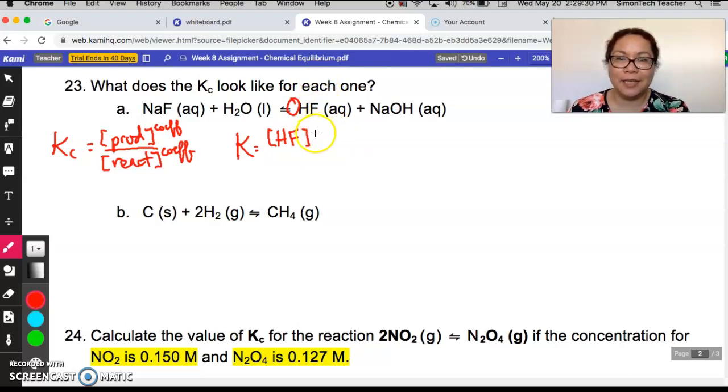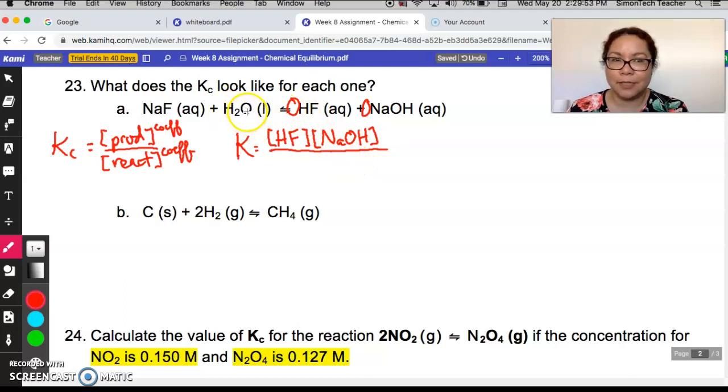And then the next one, multiply that with the other product, NaOH. We can use that one because it's aqueous. And also there's no coefficient there, so we don't have to put anything at the top there. We know that that means 1. Over the reactants, look at this one, water.